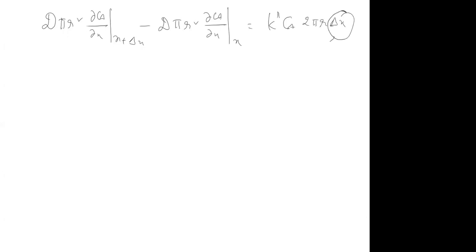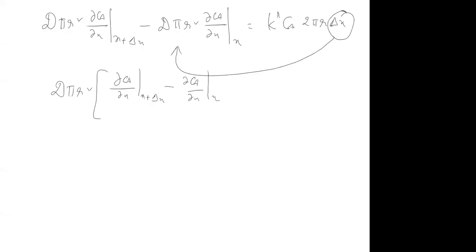Now if I bring this dx to this side, we get d into pi r square into [dCA by dx at x plus dx minus dCA by dx at x] divided by delta x, which is equal to k prime CA into 2 pi r.